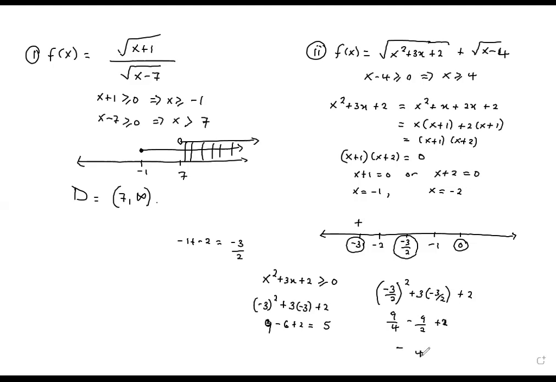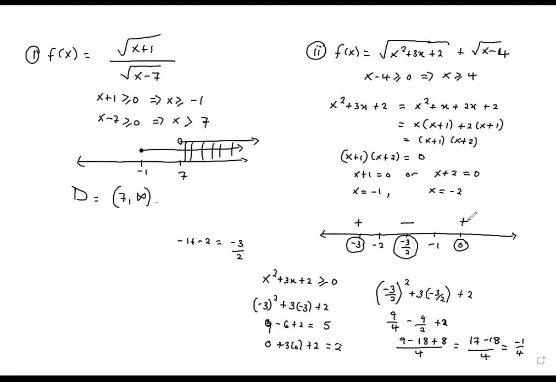With 4 down, we have 9 minus 18 plus 8. 9 plus 8 is 17, minus 18 over 4. This is negative 1 over 4, so we get a negative there. We place 0, it will be 0 squared plus 3 times 0 plus 2, which is 2, positive.